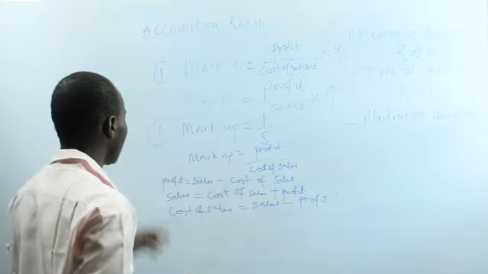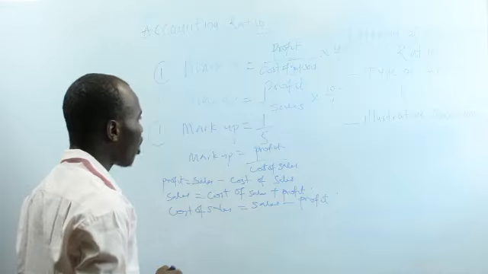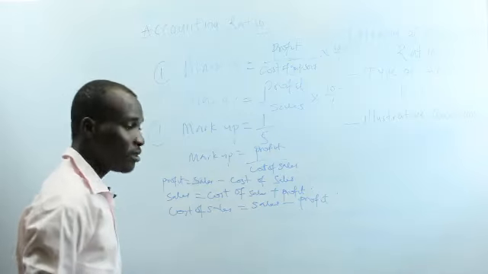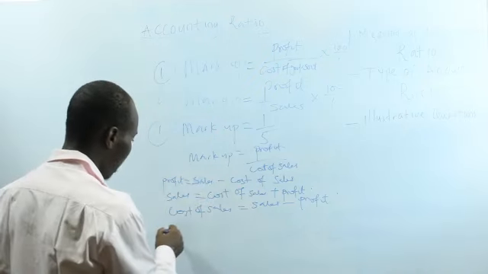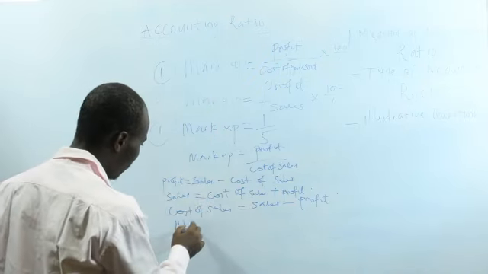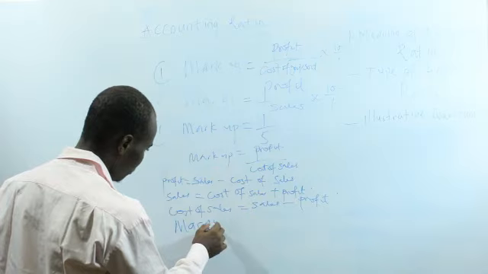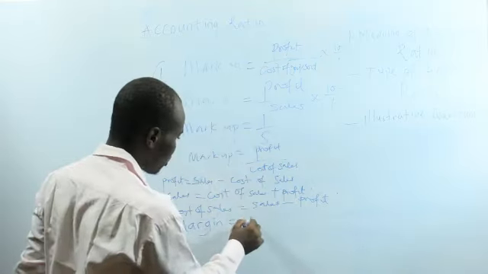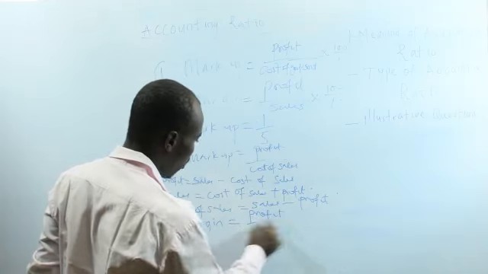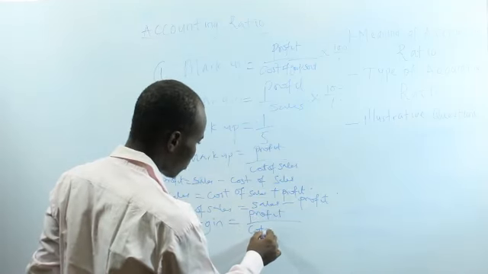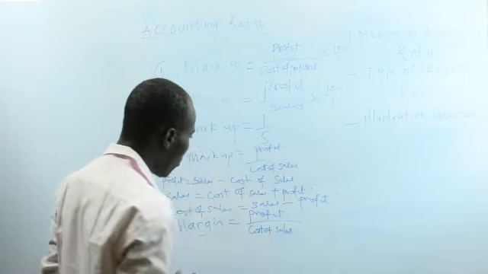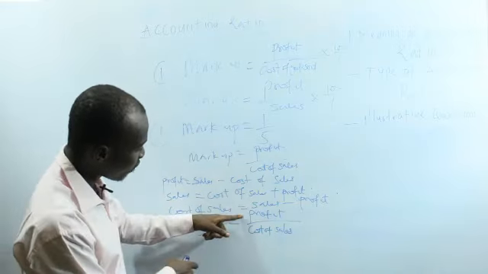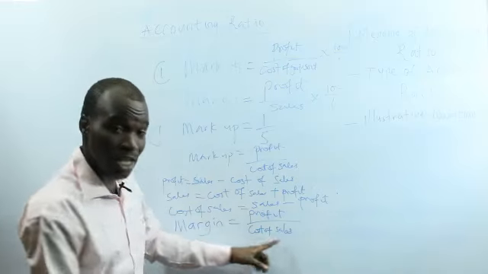So when we have this markup, which is the relationship between the profit and cost of sales, it can be changed to margin, and it can be changed as thus. We have margin, which is going to be equal to, when we have the markup, profit over cost of sales, and we know that although the margin shows the profit over sales, what we have there is cost of sales.